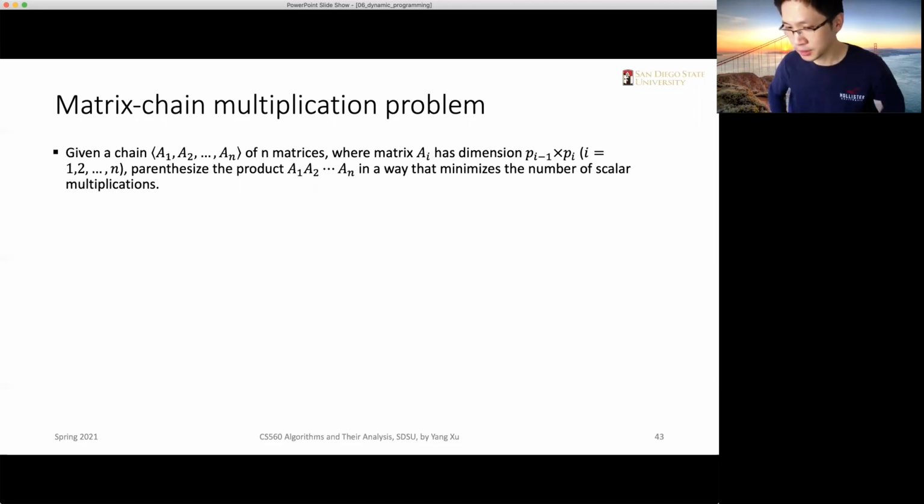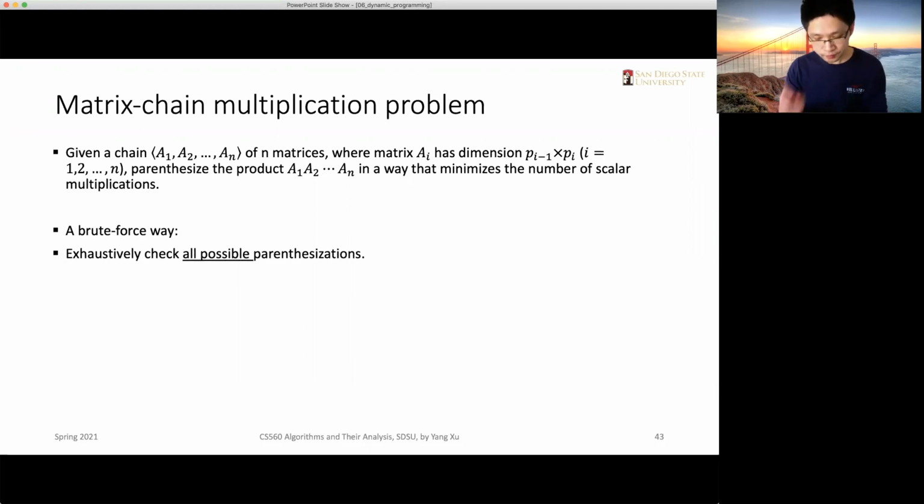If we cannot multiply 2 adjacent matrices, then the whole problem is pointless. So the problem is to find a way to parenthesize the product that minimizes the number of scalar multiplications.